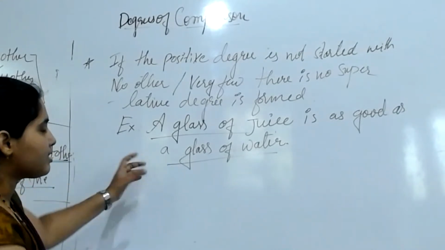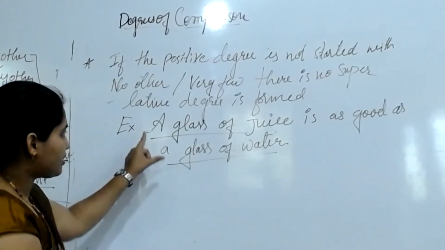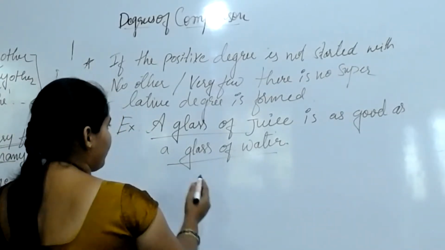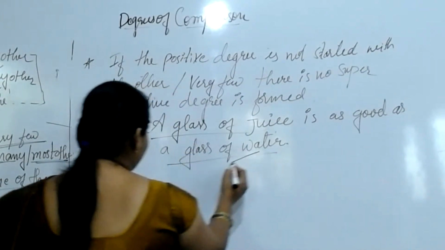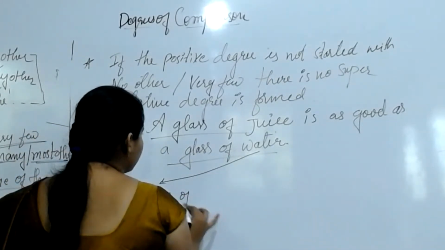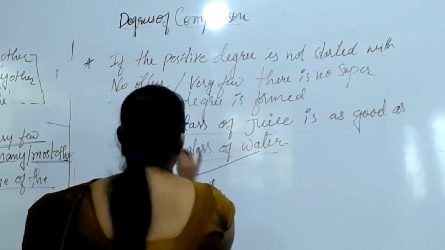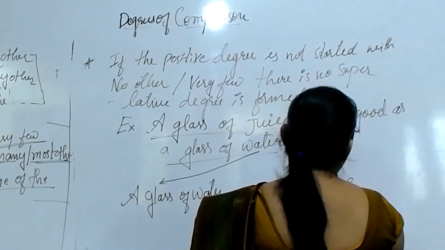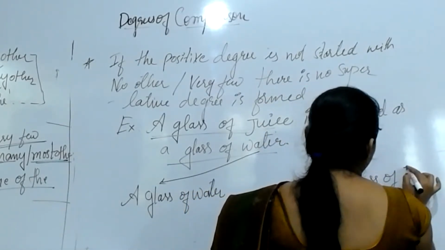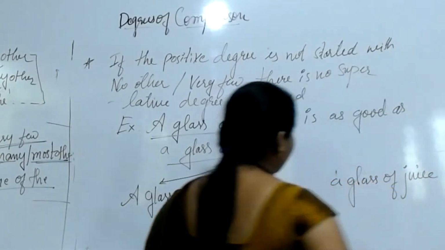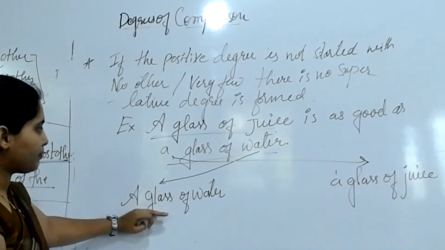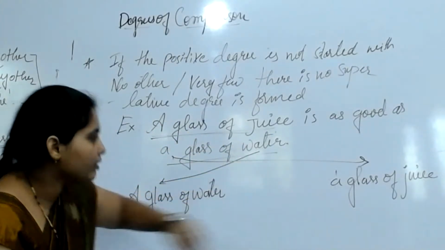How you have to change it here: this is the affirmative sentence, and it is changed into negative. How? Just swap it. A glass of water and a glass of juice. Just swap the two things: a glass of water is placed here and a glass of juice goes there.